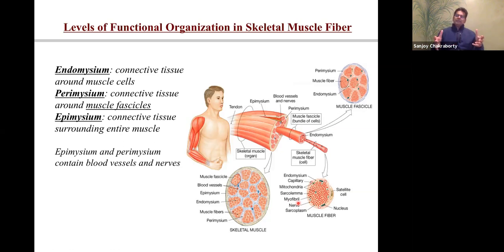The garbage can appears like a cylinder filled with bamboo sticks. Individual bamboo sticks are the individual myofibrils. When you look from the top, this is how they look.